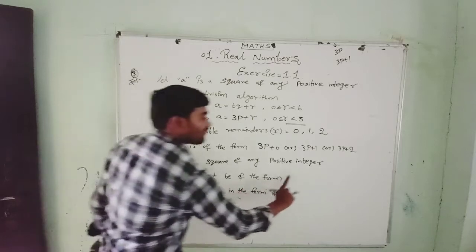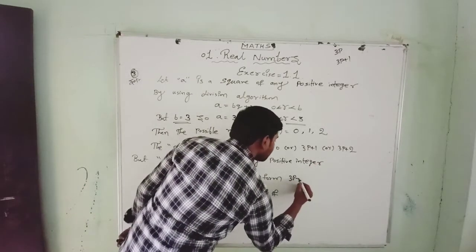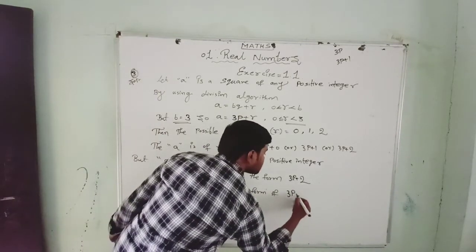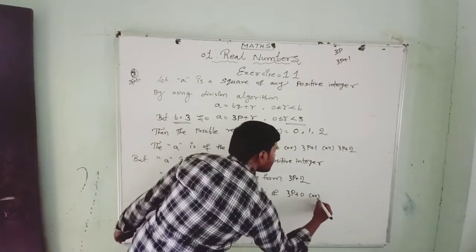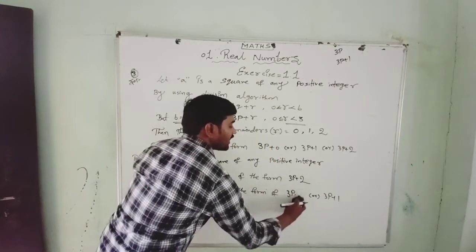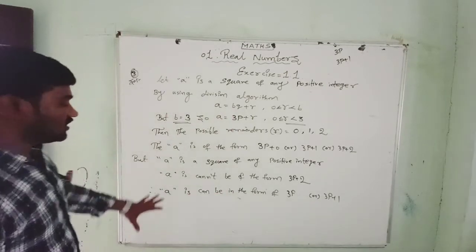So A cannot be in the form of 3p plus 2. A can be in the form of either 3p plus 0 or 3p plus 1. Either you say 3p plus 0 or you write 3p, both are the same. So this is the answer.